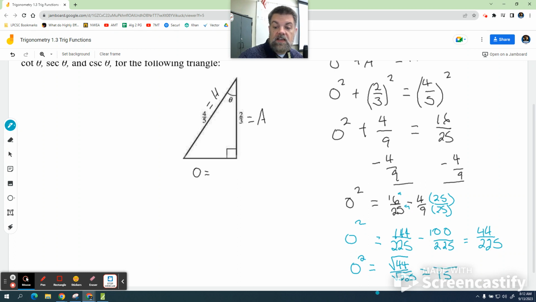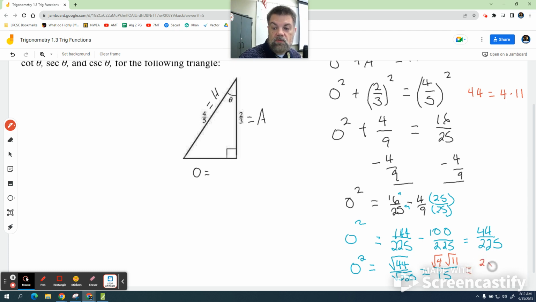Now, an interesting thing about 44, let me write this over to the side. This is a lot of math. 44 is the same as 4 times 11. So I can rewrite this as the square root of 4 times the square root of 11, right? Are you guys with me so far? So what is the square root of 4?